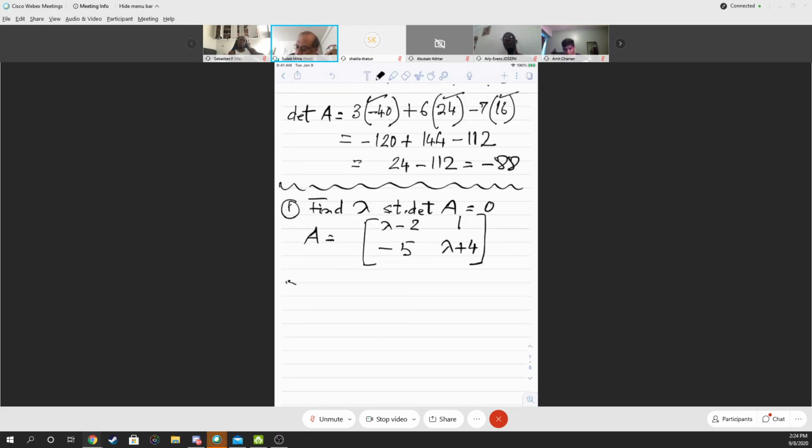Number 2: find lambda such that determinant of A is 0. And A is lambda minus 4, 0, 0, 0, lambda, 2, 0, 3, lambda minus 1.